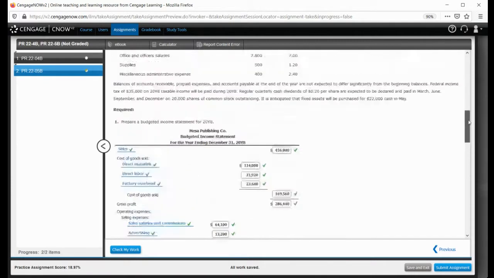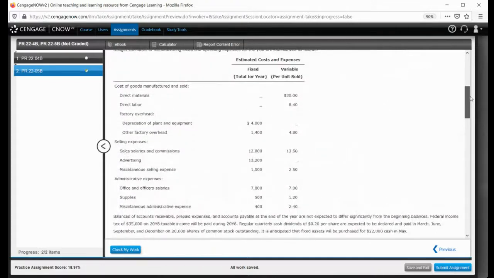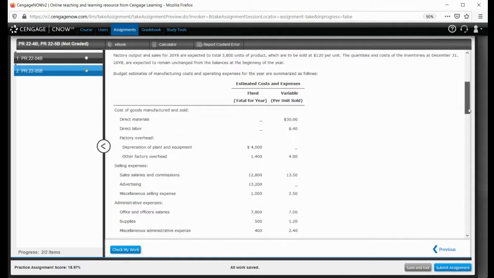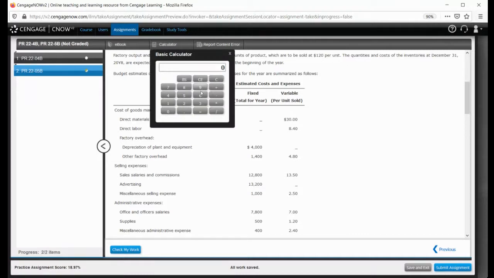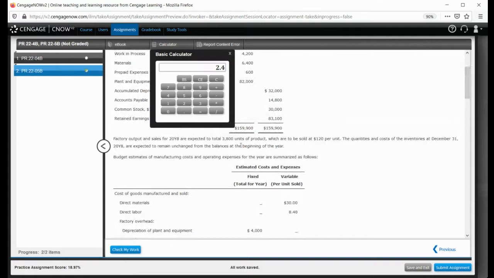For your miscellaneous administrative expense, it too is both fixed and variable. So find your variable first. $2.40 times the number of units sold, which was 3,800 units.